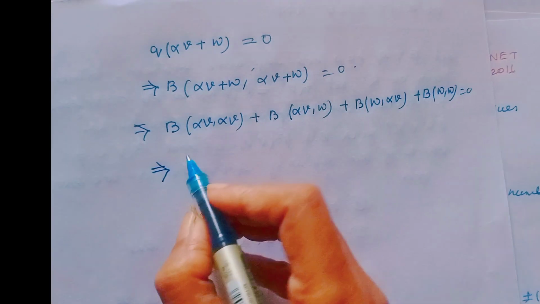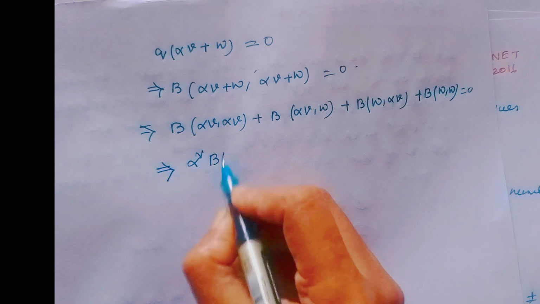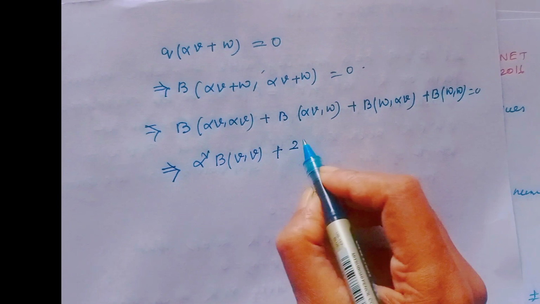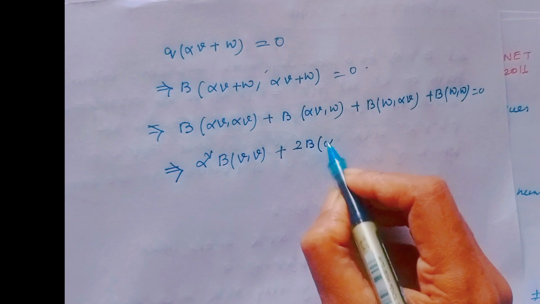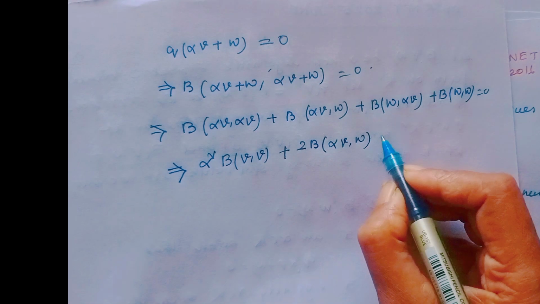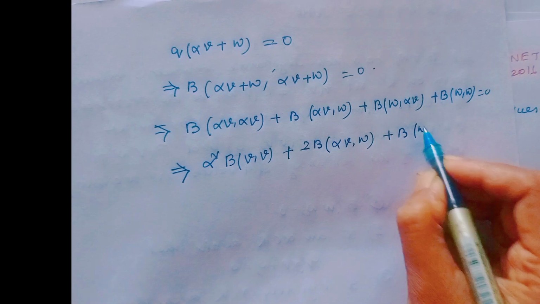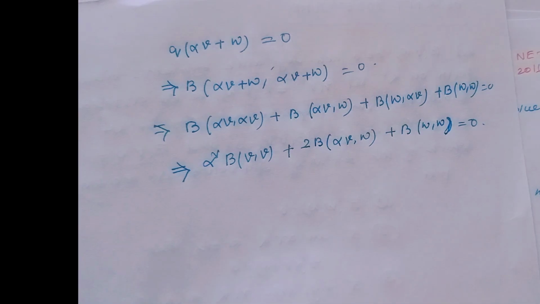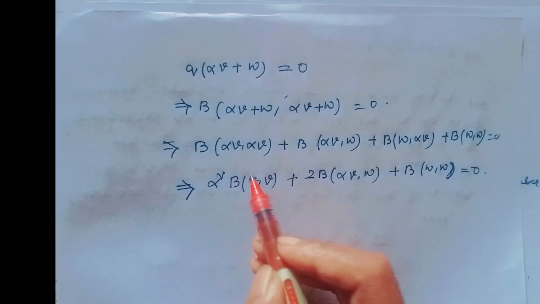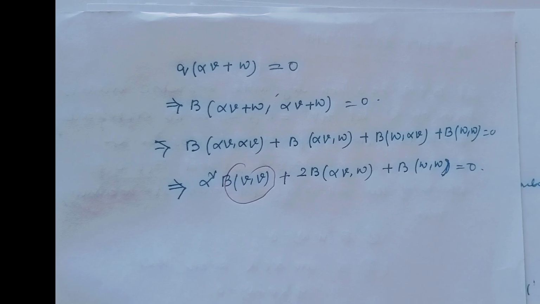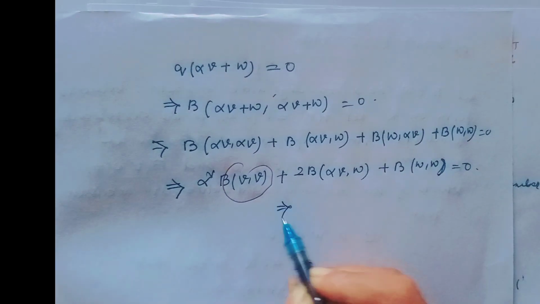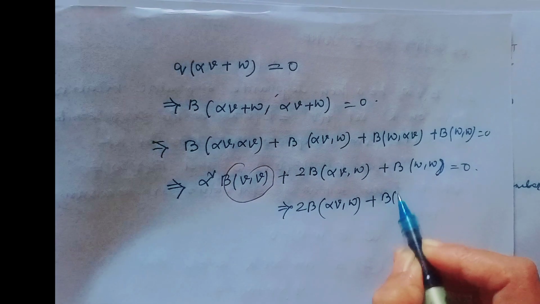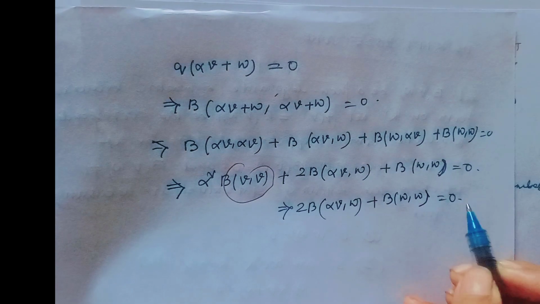That implies alpha square b of v, v plus 2 b of alpha v, w plus b of w, w, and b of v, v equal to 0. That implies 2 b of alpha v, w plus b of w, w equal to 0.